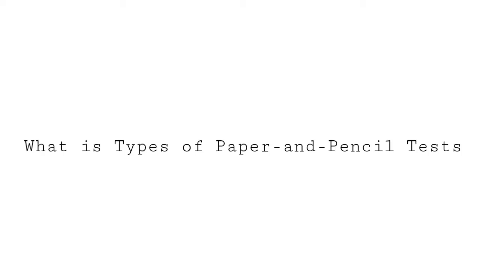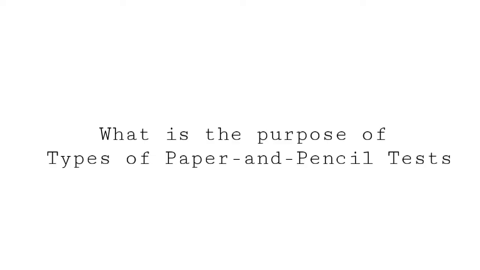So next, I'm going to discuss the types of paper and pencil test. Paper and pencil instruments refer to a general group of assessment tools in which candidates read questions and respond in writing. This includes tests such as knowledge and ability tests, and inventories such as personality and interest inventories.